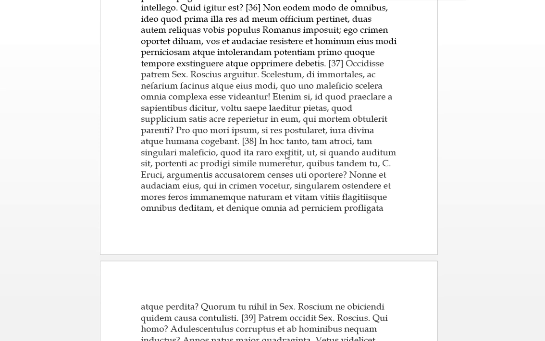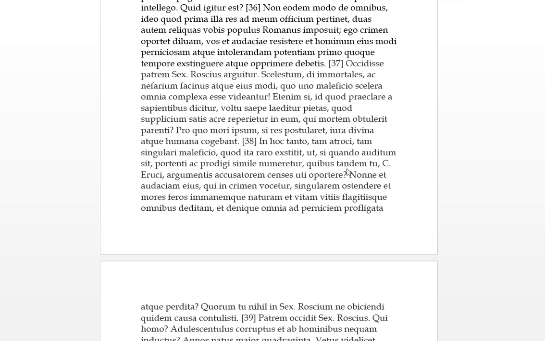Quod existit, which happens, basically you could say raro, so rarely, ita ut. They're the correlatives, they go together. That if, quando, whenever, sit auditum, whenever this is heard of, portentum and prodigio simile numeretur. This is counted similar to a portent and prodigy. Prodigies are monstrous happenings. So a portent and a prodigy are similar.